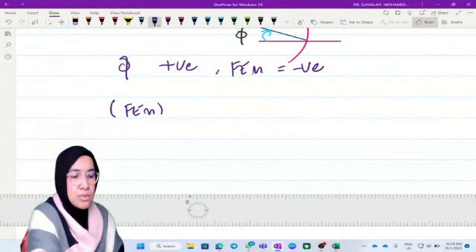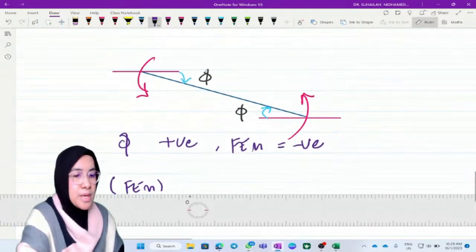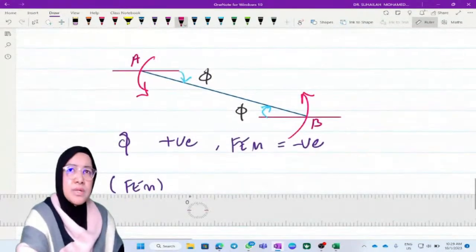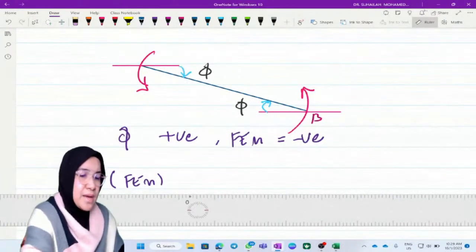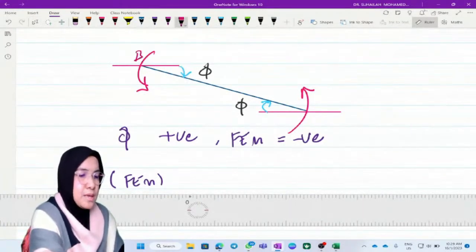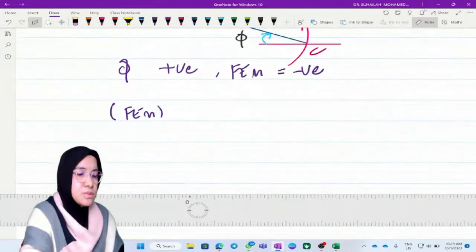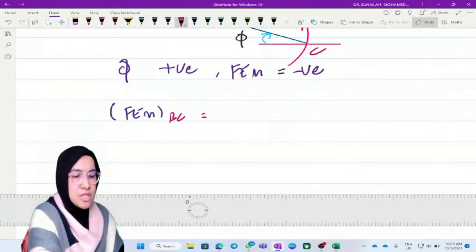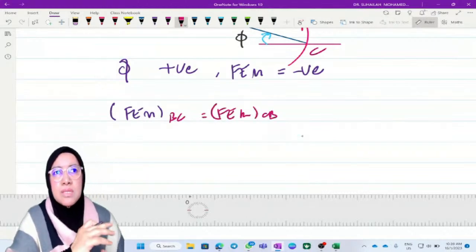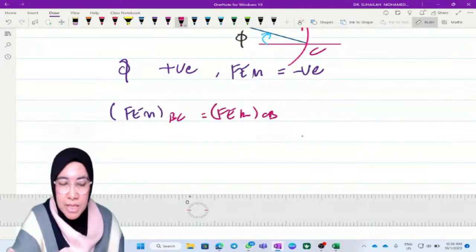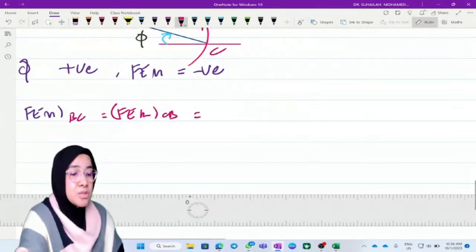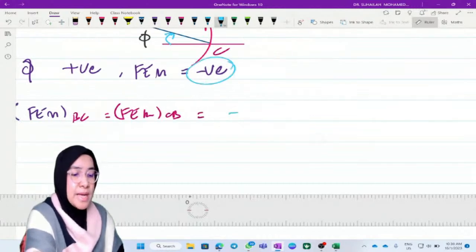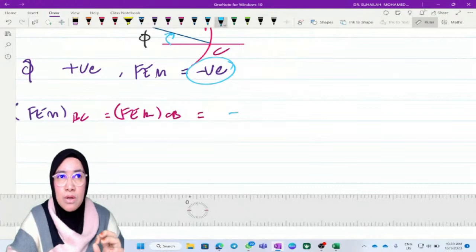Sorry, this is not AB, this is BC, B and C. So we get FEM-BC equal to FEM-CB. Both have the same behavior, same sign. Because we must get negative, we put negative in the formula.